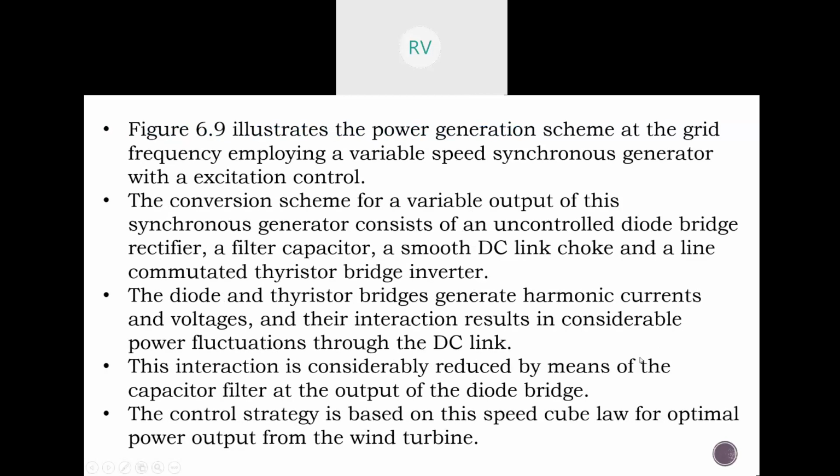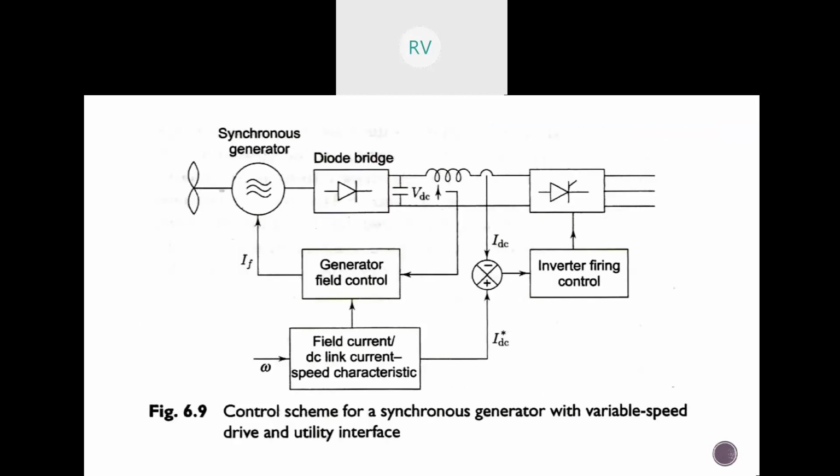Figure 6.9 illustrates the power generation scheme at the grid frequency employing a variable speed synchronous generator with an excitation control. So this is the scheme for the synchronous generator with variable speed drive and utility interface, all the control scheme.